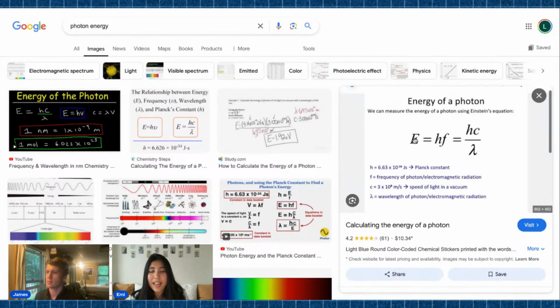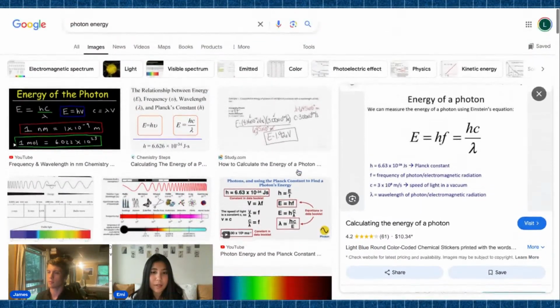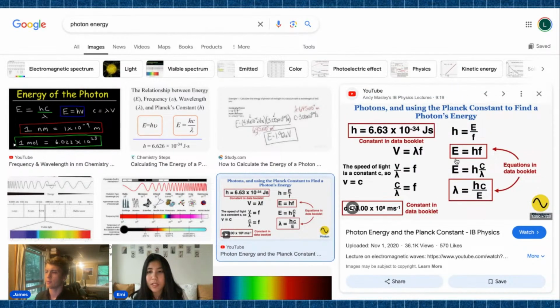Energy is Planck's constant, which is a constant that was worked out, times the frequency, which is equivalent to Planck's constant times the speed of light over the wavelength. So frequency is speed of light divided by wavelength. This was worked out through rearranging all these equations.